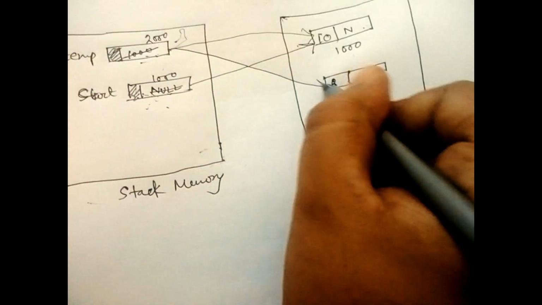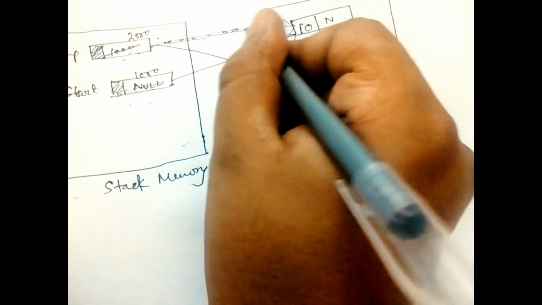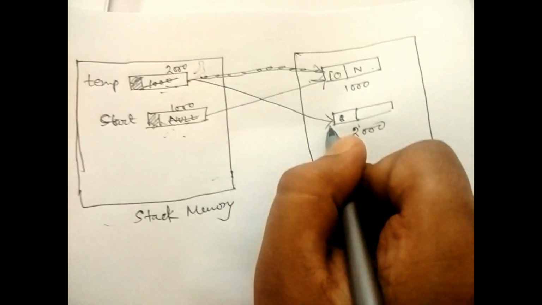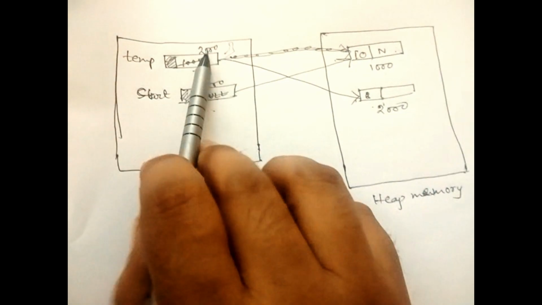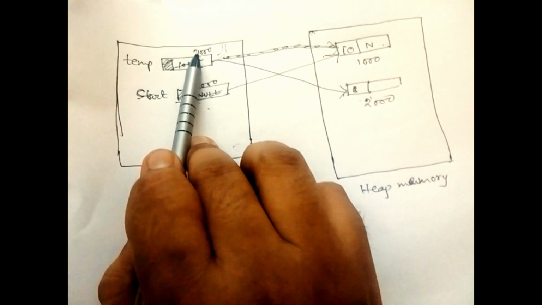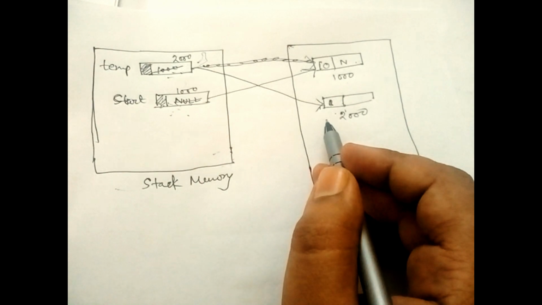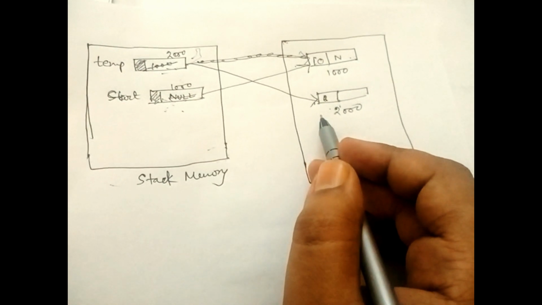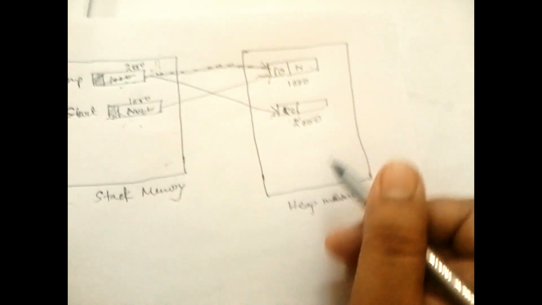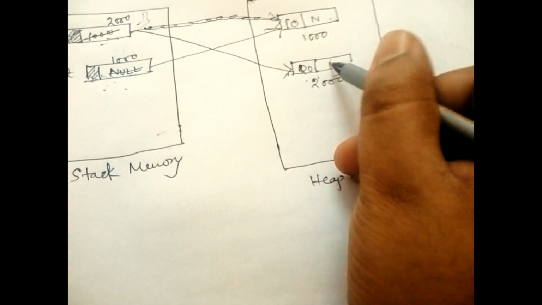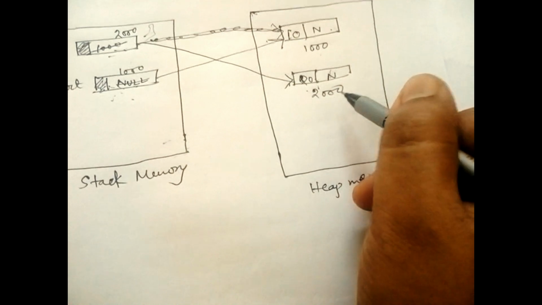Now temp points to this memory. Clear? It is different, and it also updates the value of temp. Okay, again we are inserting a value into the data field, temp arrow data, which is suppose 20. Clear? Which is 20, and temp arrow link equal to null, the link part is null.